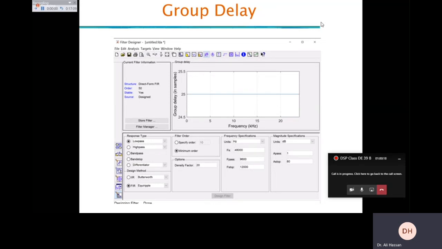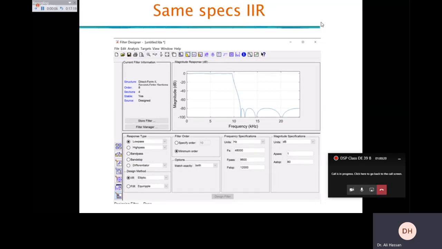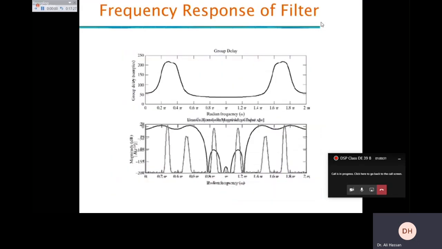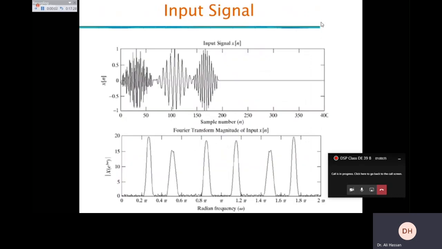So now let us design an IIR filter. Same tool, designing an IIR filter. Let me explain. The simplest IIR filter has a transfer function which is 1 over 1 minus a z inverse.